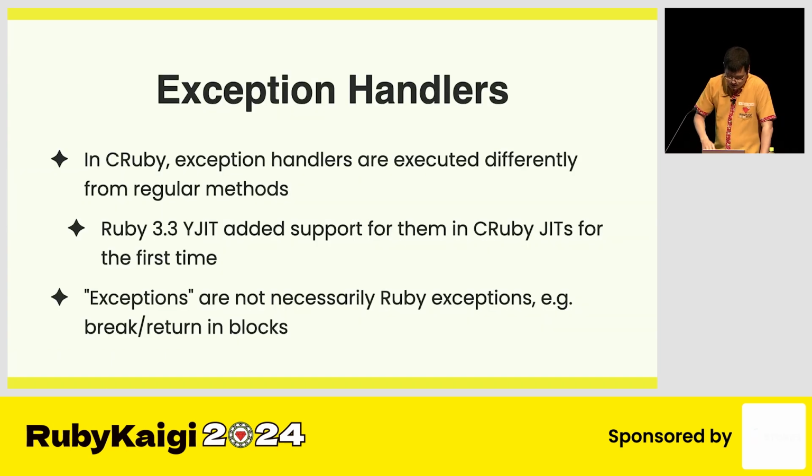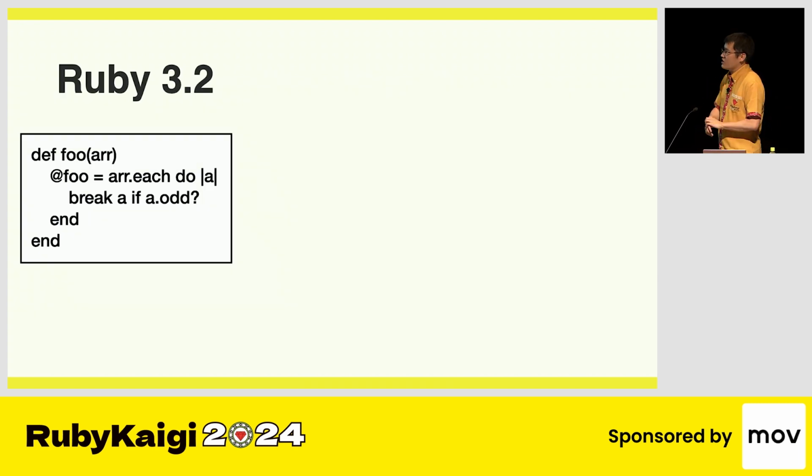And if you hear exceptions, you might wonder, is this only about the raise method? The answer is no. Internally in the Ruby virtual machine, exceptions are used a lot in many other places other than just a raise method call. If you look at this example, there's a break in the array each method call.